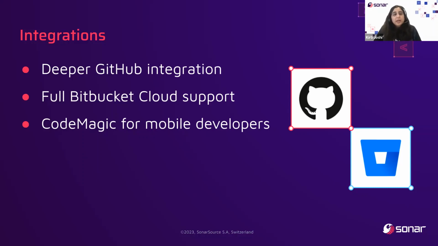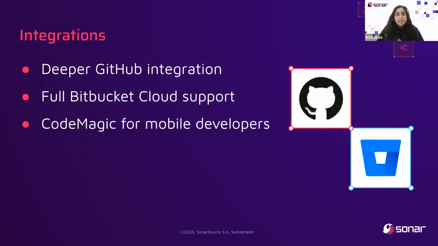And so in 9.9, we have deepened our support for Bitbucket Cloud and GitHub, and I'll go over some of those in the next couple of slides. But for those who use these DevOps platforms, you can see some more interesting features.